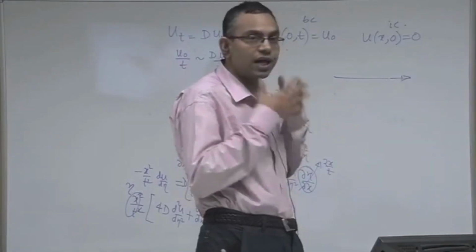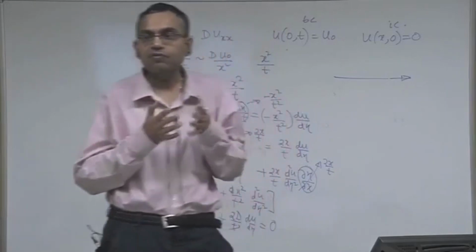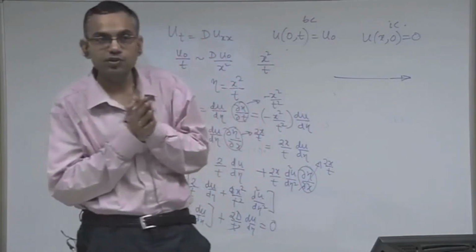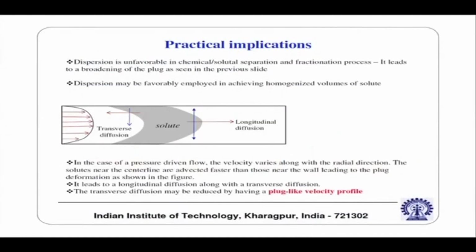So in totality you have a phenomenon governed by a combination of advection and diffusion of the species. Now this combined phenomenon is called dispersion.